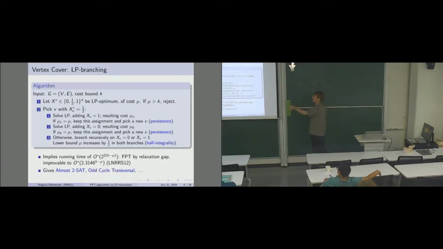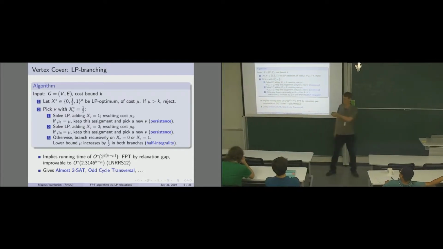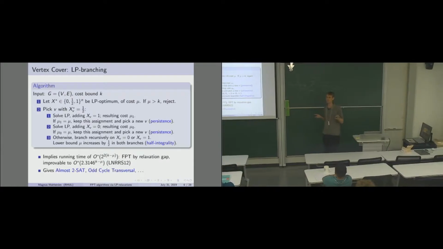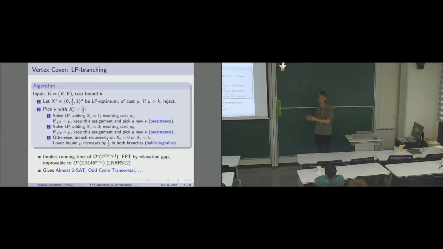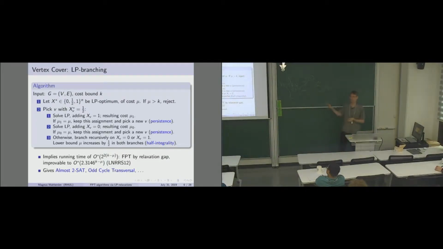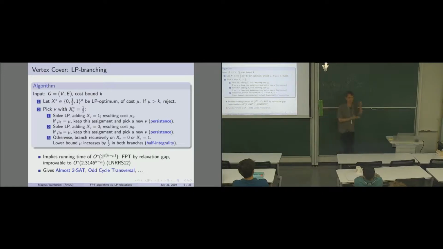So this very simple LP branching algorithm solves almost 2-SAT, one of the central problems of parameterized complexity. It took years and years to solve with direct methods, and the first several versions were large and unwieldy and messy. So if you're willing to accept that we have an LP solver that we don't have to write ourselves, the description of this algorithm for almost 2-SAT is a very short algorithm, right?